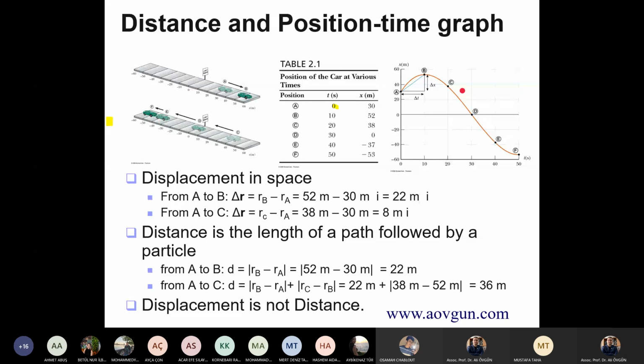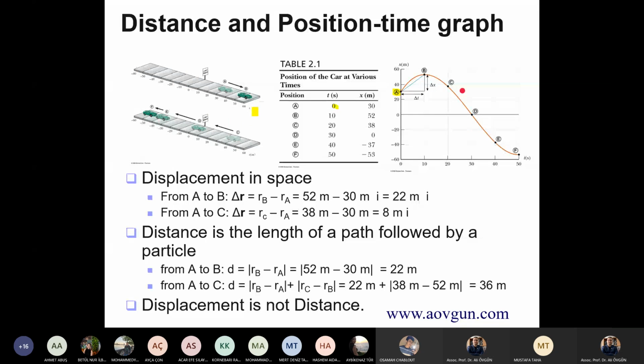On the second table, what you see is the xt graph. On the y-axis there is the position x, and on the x-axis there is the time. For example, for car A, its x is 30, but t is 0.